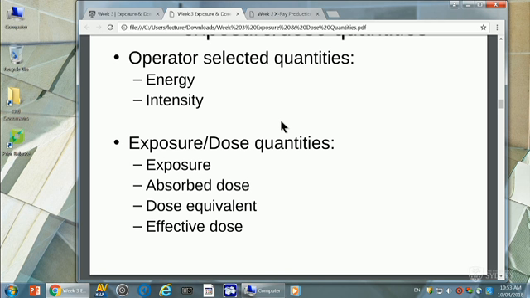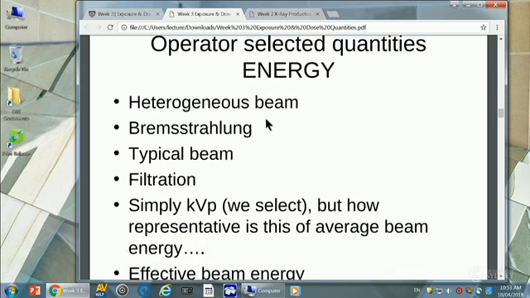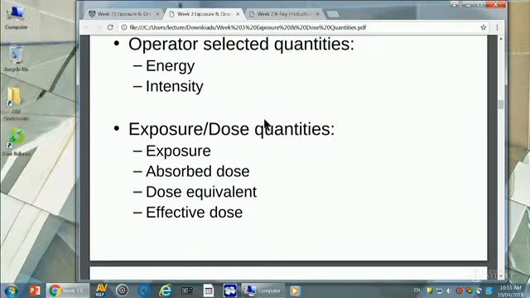Dose is much more about what you're giving to the patient, or a phantom, or a piece of tissue. So we'll look at each of these. That's the big distinction between exposure and the ones below it. Exposure is about ionization in air. So they're the sort of 6 units that we talk about.